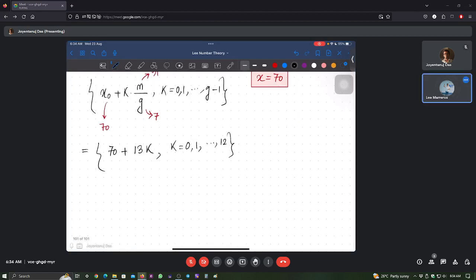Let us see the full set. For k equals 0 it is 70.